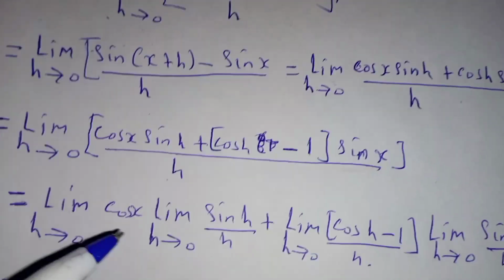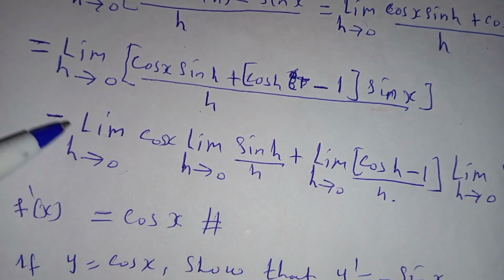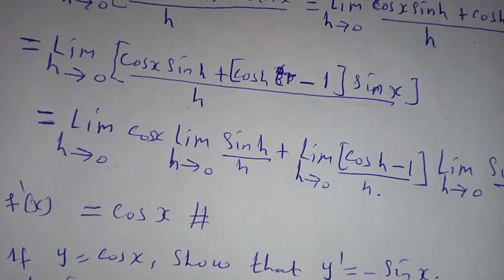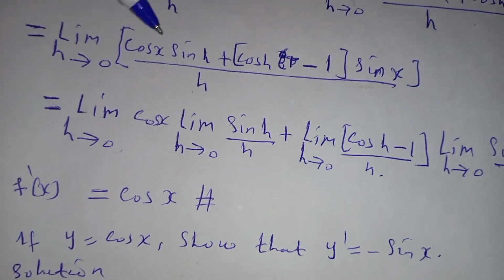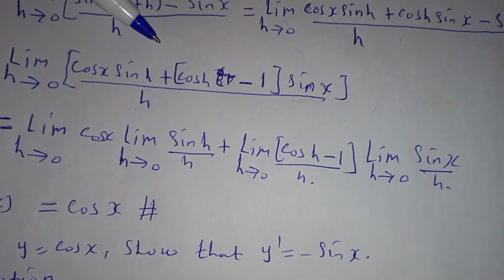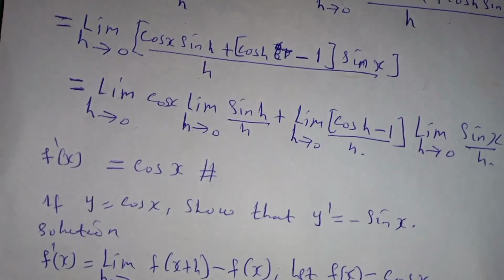So, from the properties of limit, we can now distribute the limit inside this bracket. One of the properties of the limit is that it is distributive.